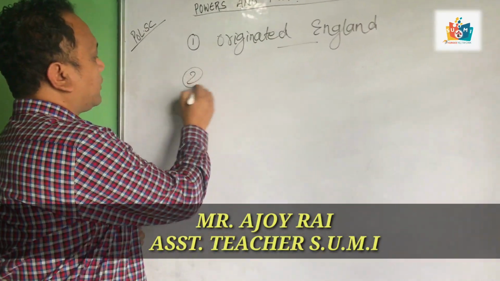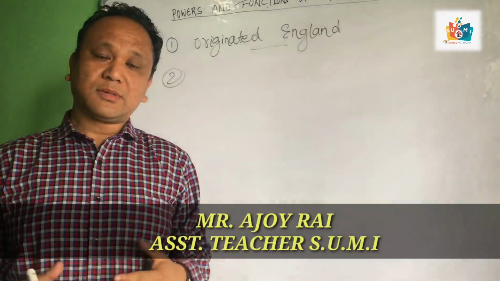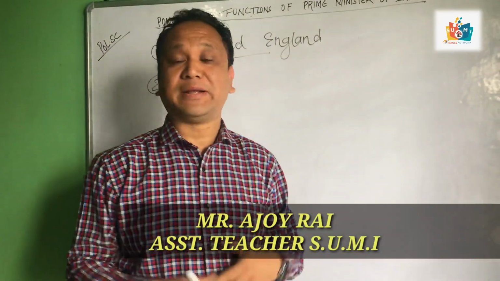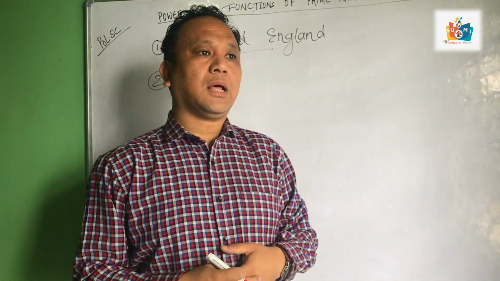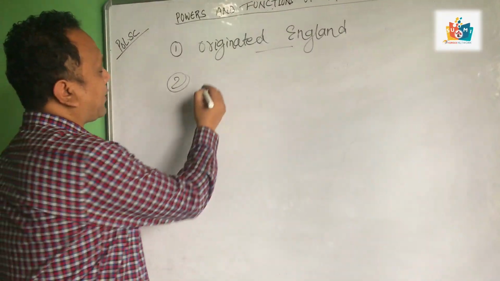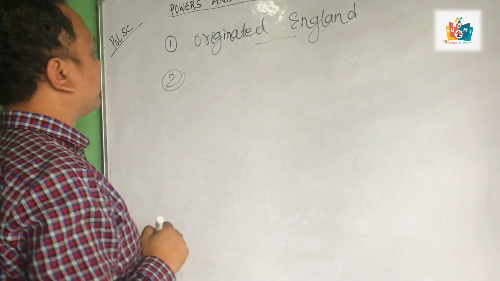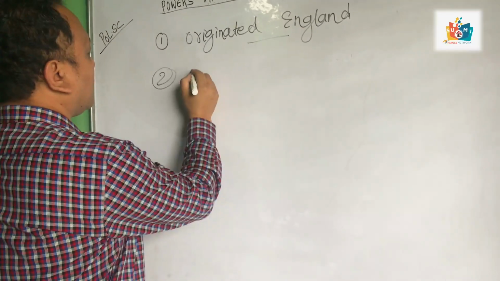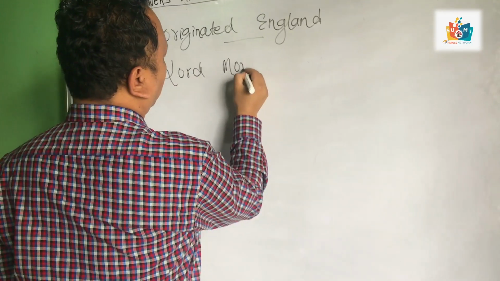Number two. Now we are going to discuss some important statements of renowned writers, philosophers, politicians. At first, I would like to mention the name of that person. His name is Lord Morley.